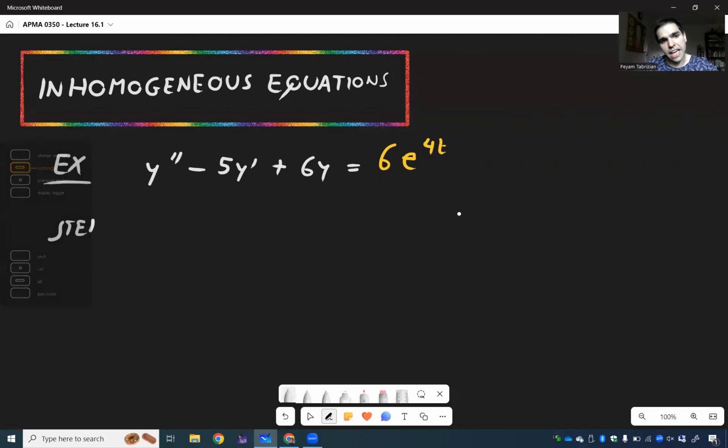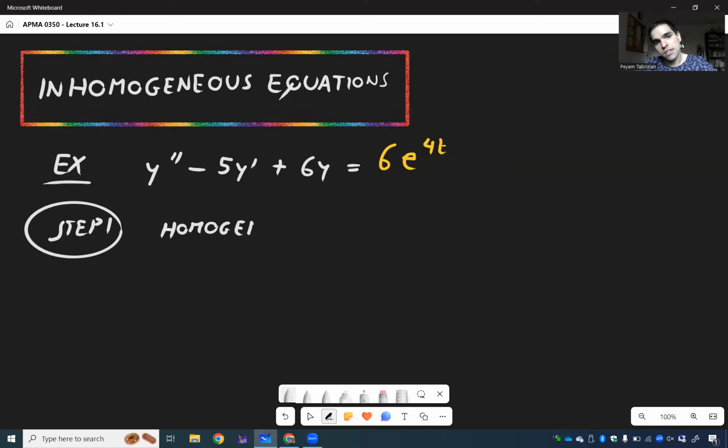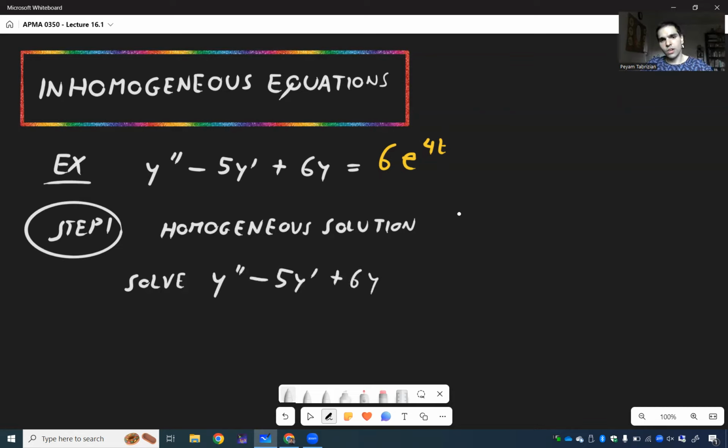So the first step is to find what's called the homogeneous solution. In other words, let's solve the equation where the right-hand side is 0, because we know how to do that. So solve y double prime minus 5y prime plus 6y equals 0. Again, remember the roots of the auxiliary equation are 2 and 3.